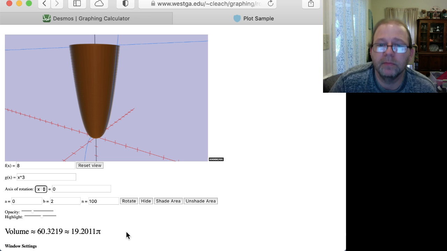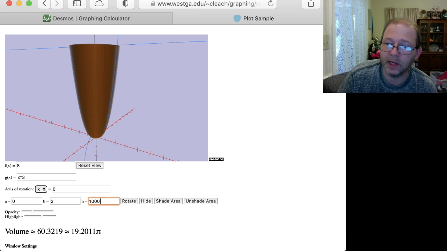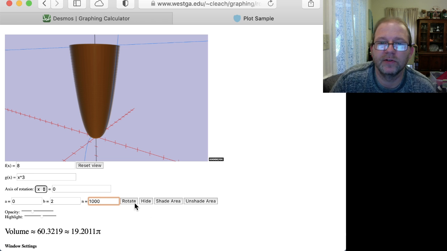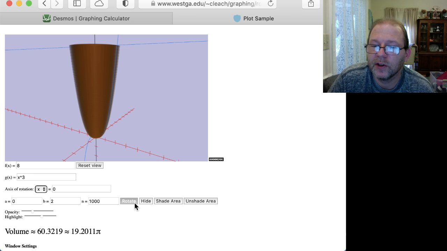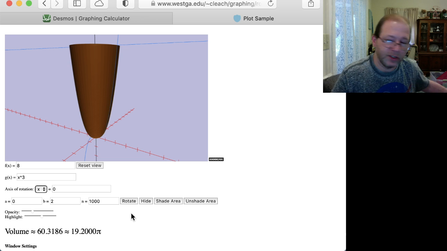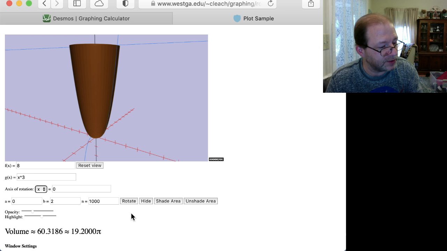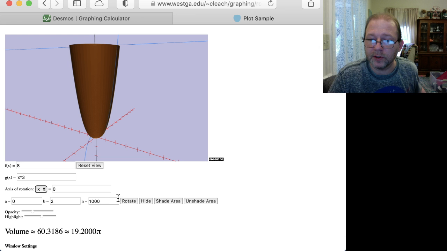Yeah, that's correct. If I were to make this more precise, my computer's probably going to start running the fans and everything. If I do this and wait, yeah, 60.3186. It's getting closer.